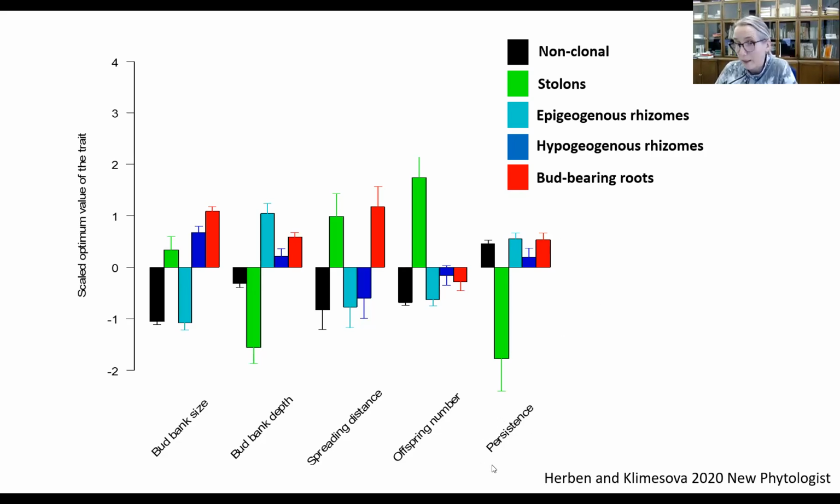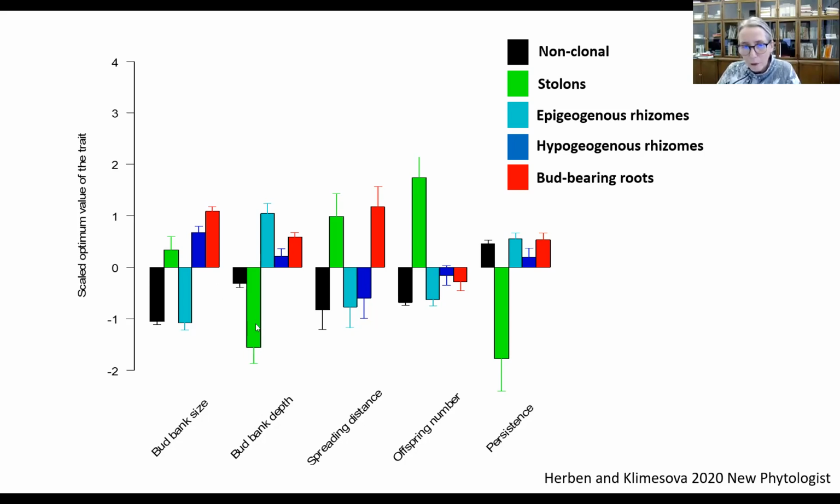For example, persistence of connection between ramets is very low for stolons, but very similar among rhizomes and bud-bearing roots. On the other hand, offspring number is highest in stoloniferous plants and lower in all other categories, and spreading distance by lateral spread is high in stoloniferous plants and bud-bearing roots and lower in rhizomes.